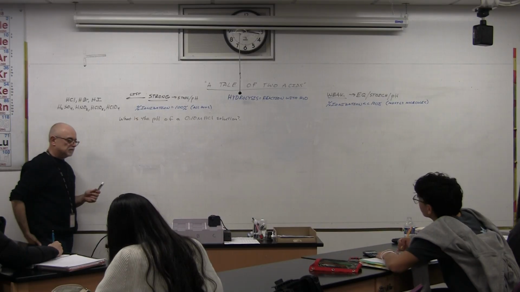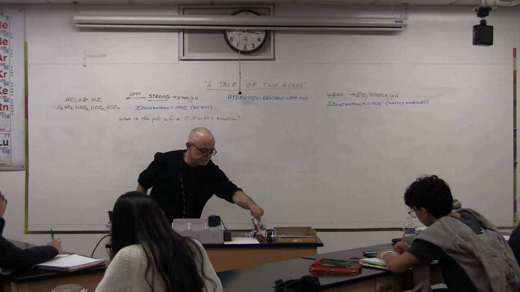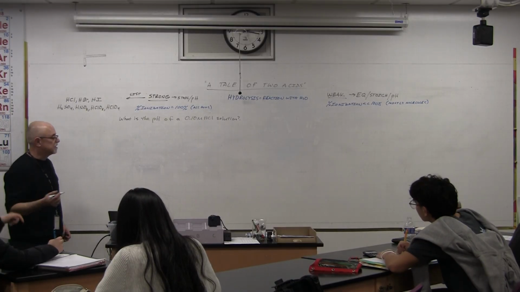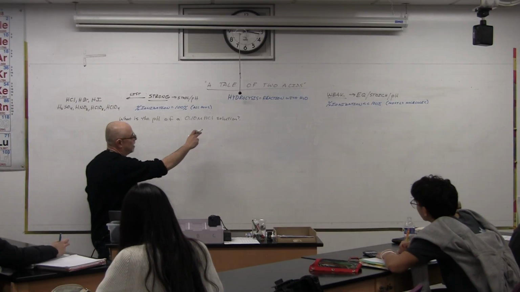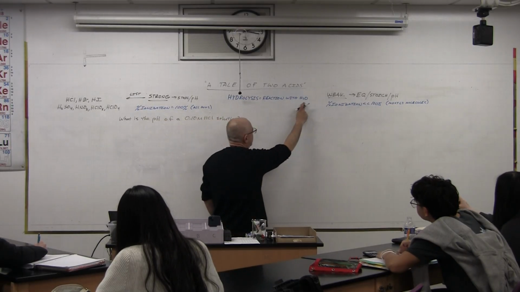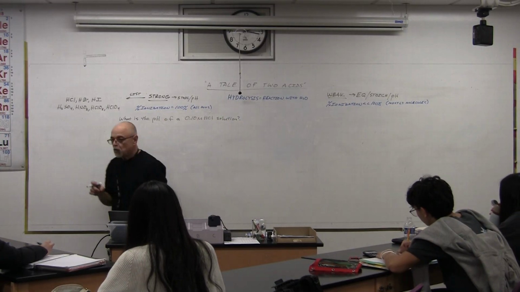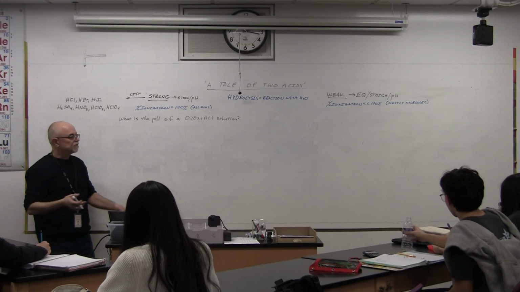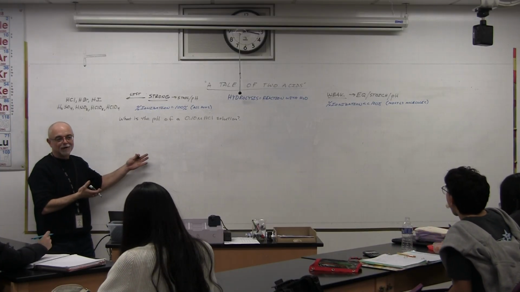So I'm going to write it out in gory detail for you, even though you probably won't need to do it this way again, because it's going to be pretty obvious what's up there. But first, let me also remind you that the equations we're writing, where we show the acid or the base reacting with water, is called hydrolysis, which literally means reacting with water.